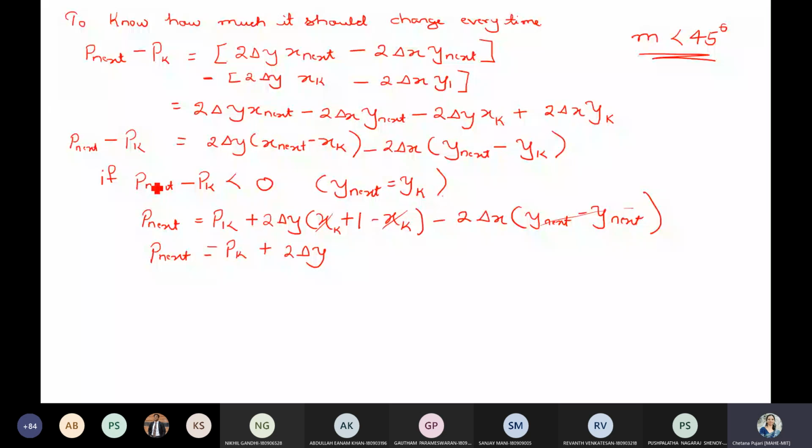Similarly, if p next minus pk is greater than or equal to 0, then your y next value will be equal to the next, that is yk plus 1. Again, substitute it and see.